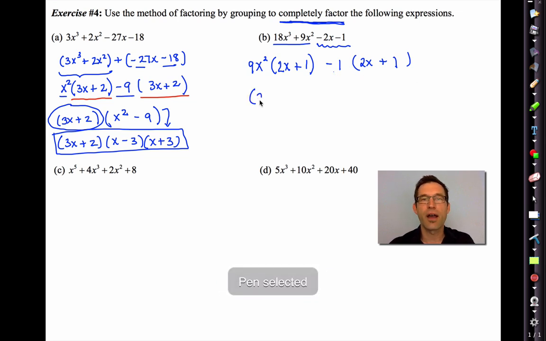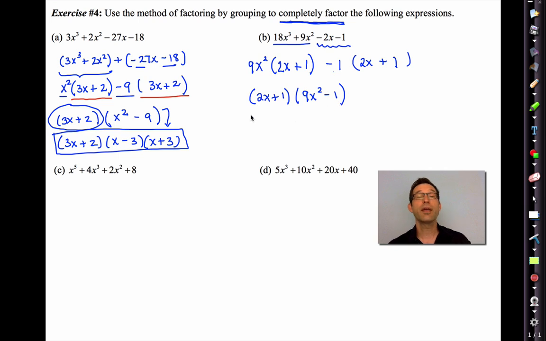But now I can factor that 2x plus 1 out, and I'll be left with 9x squared minus 1. Again, sometimes at this point we're done. Sometimes there's nothing we can do. But yet again, in this case, that binomial is the difference of perfect squares, and it can be factored as 3x plus 1 and 3x minus 1.